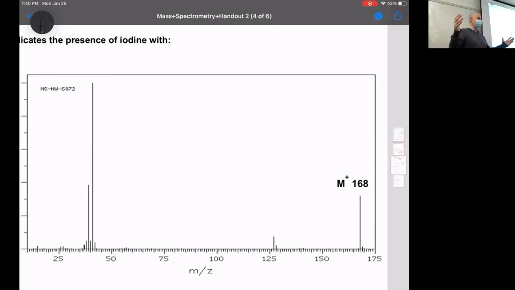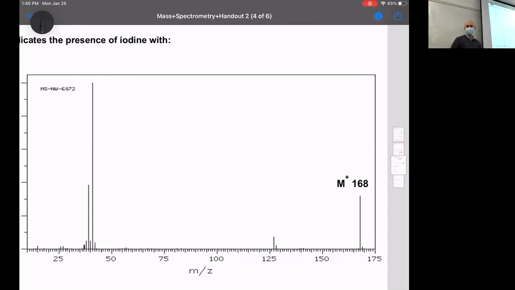So iodine itself weighs a lot. And when you're looking at mass, the gap when you break iodine off would be big. It's 127, that big. So if you have iodine in your molecule, you'll see two things that show up hand in hand. One is you'll have a huge gap from the molecule down to a fragment. And secondly, you'll see a peak at 127.